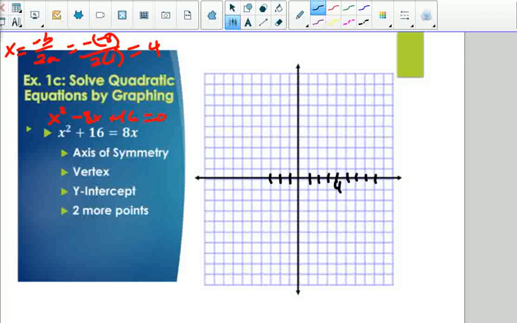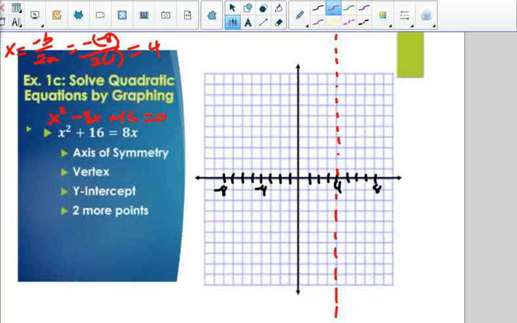I'll go to the other side, -4 to be -8. This is a +8. I'm going to draw my axis of symmetry at +4. That's where it's going to cut my parabola in half. Now the vertex has to go straight through there.